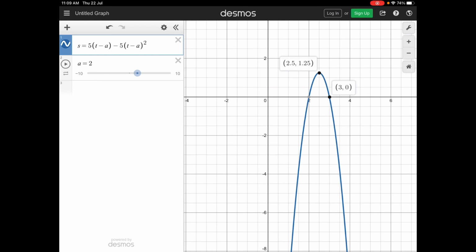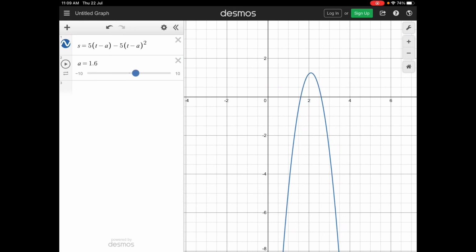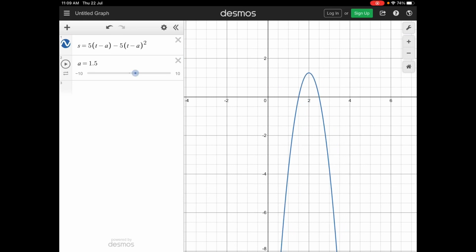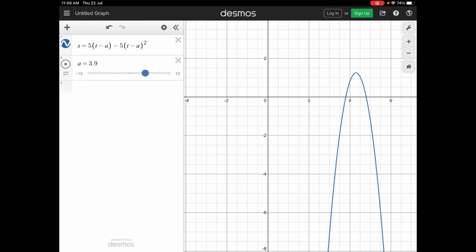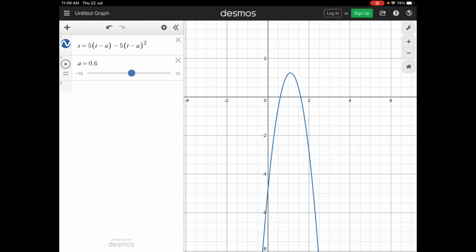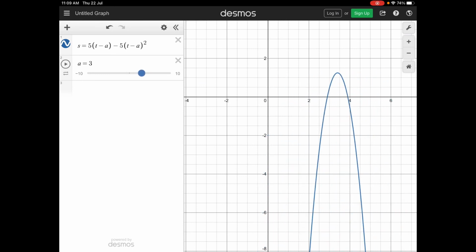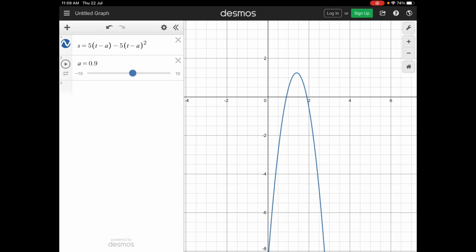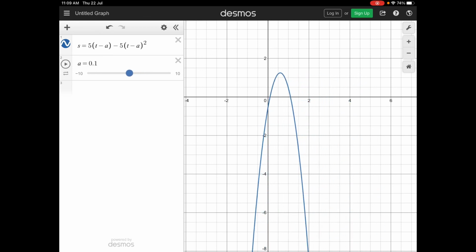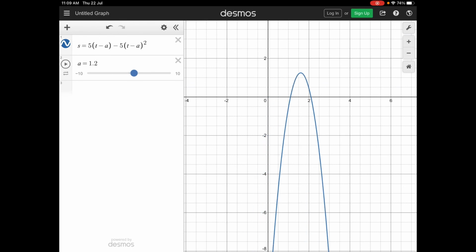We could have changed the question and said that the ball was thrown 1.5 seconds after the first ball, and all that's happening is we are either delaying or speeding up our displacement. So when we're translating like this, we are simply delaying or bringing forward the time at which the event happens.